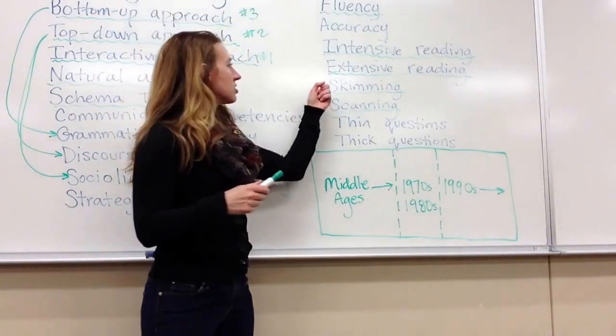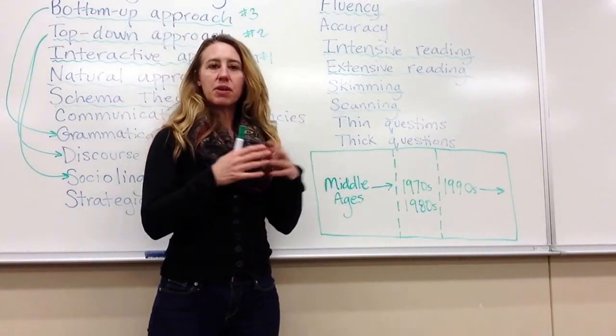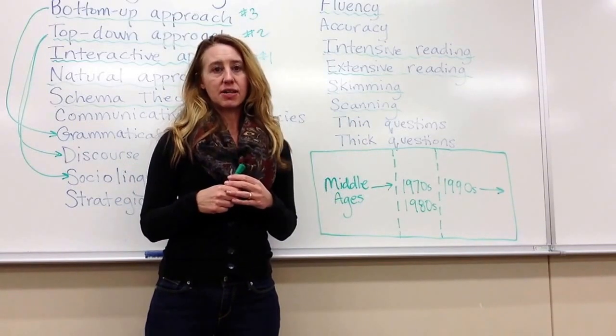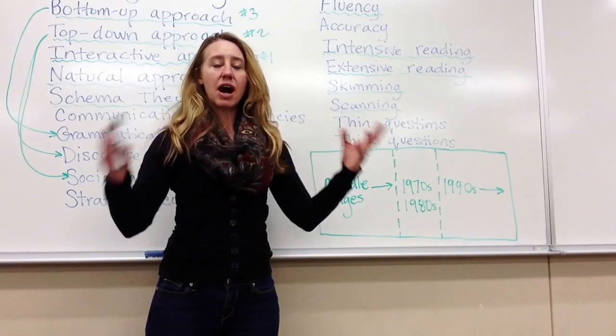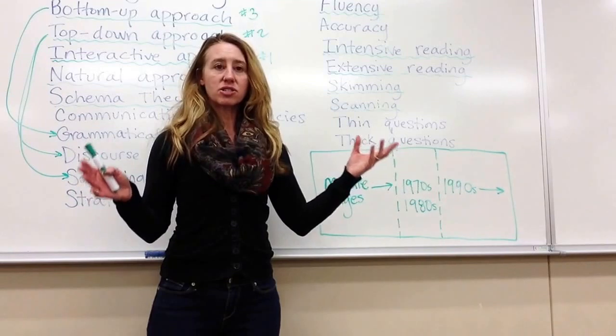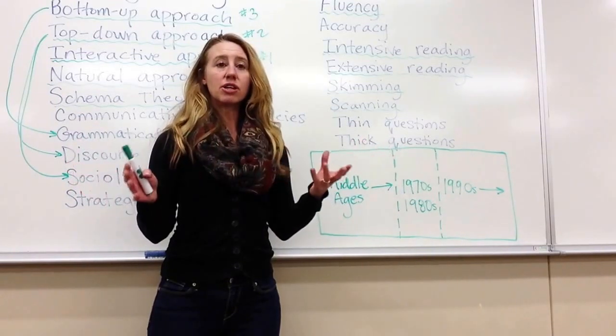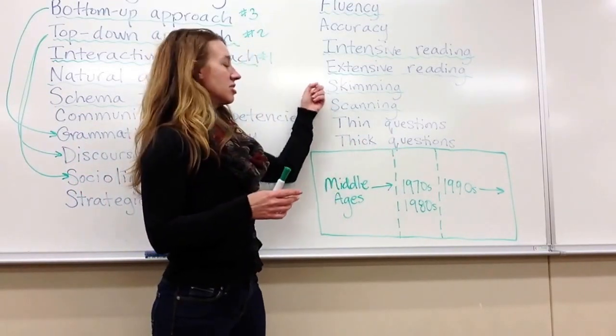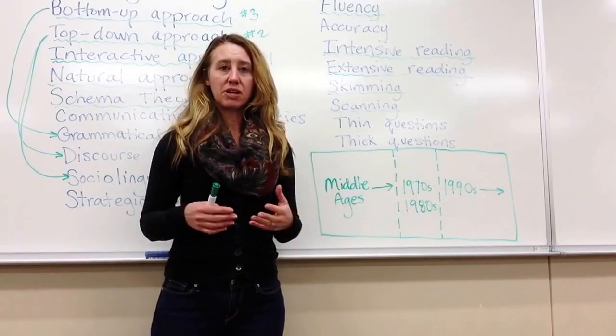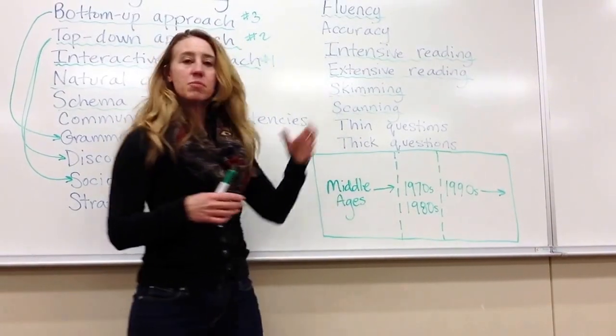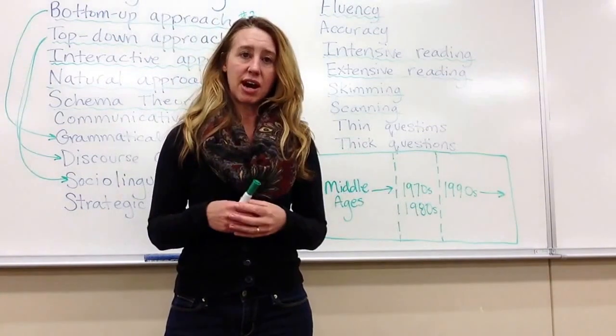So think of it this way. We skim a text looking for the main idea. So we move our eye across the entire thing looking for the main idea, trying to get the general picture. And so skimming means moving quickly over the entire thing.